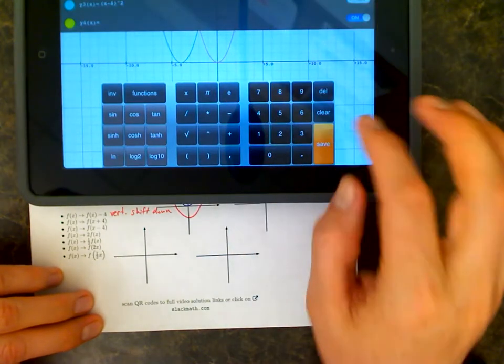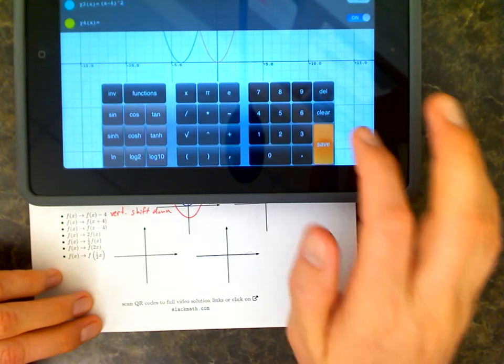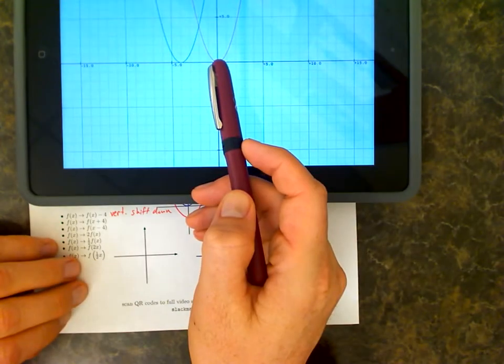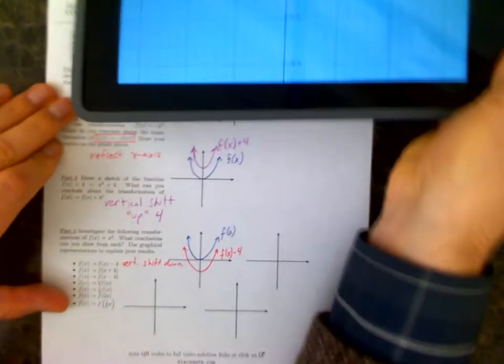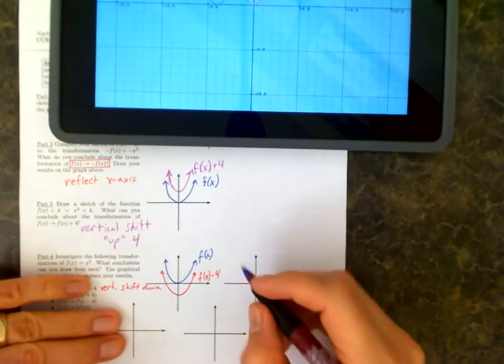Turn the second one off. So x plus 4 in parentheses squared actually gives us a shift to the left. So x plus 4 is a left shift.